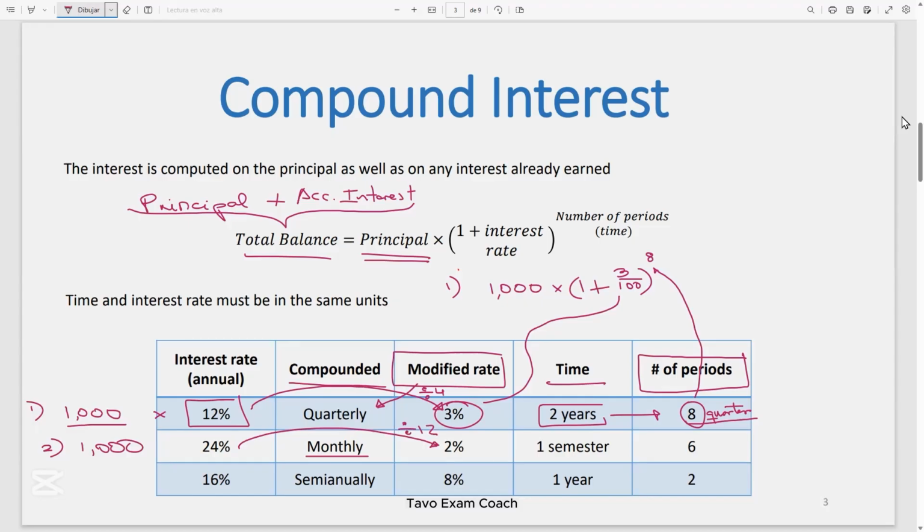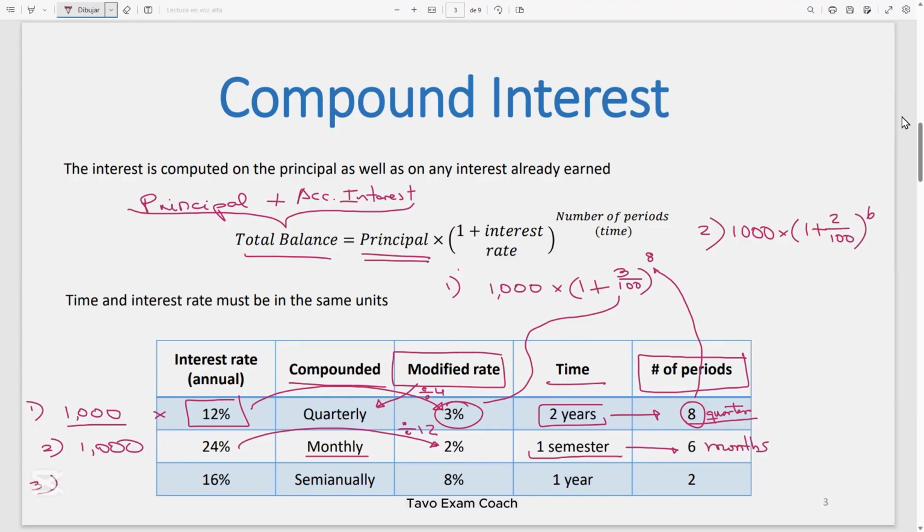And then the duration in semester divided by 6, right? Or divided in months. You have months here. So the expression for the second example would be the total balance 1,000 times 1 plus 2% up to 6.